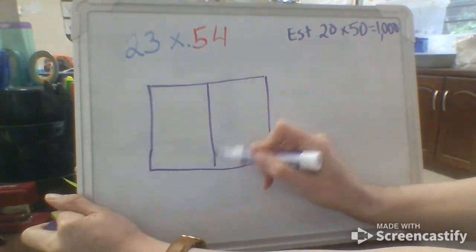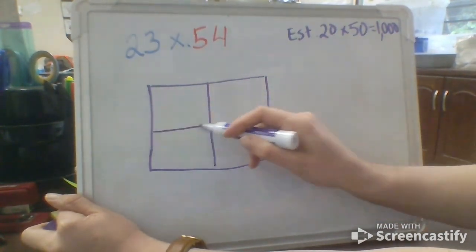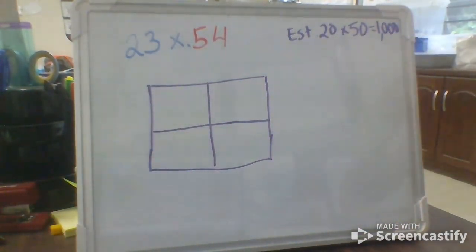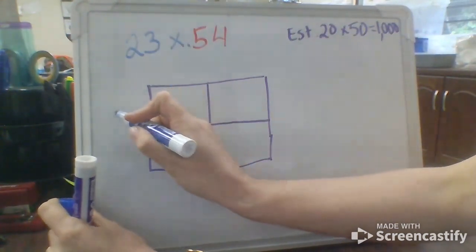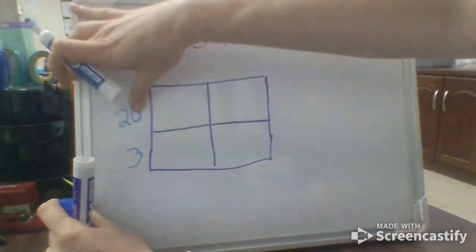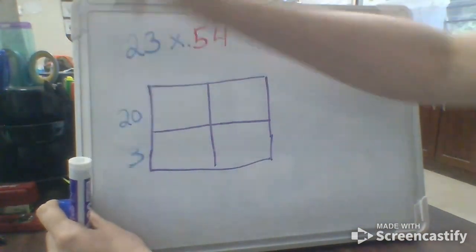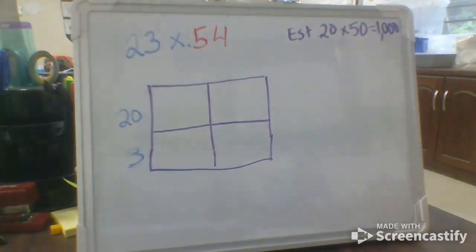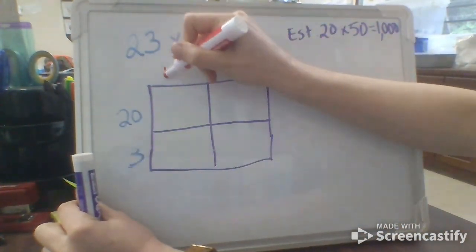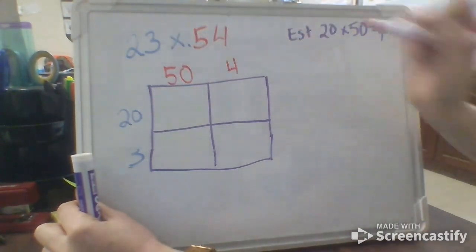Along the side, I'm going to write my 23, and break it up into 20 and 3. Along the top, I'm going to write my 54, but I'm not just going to write a 5 and a 4. I'm going to use the place value and break it up into 50 and 4.